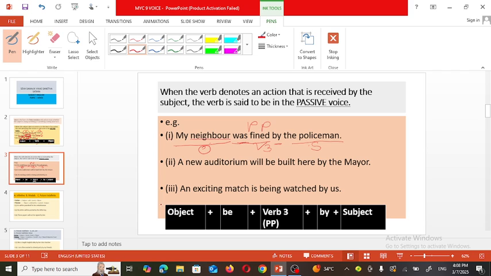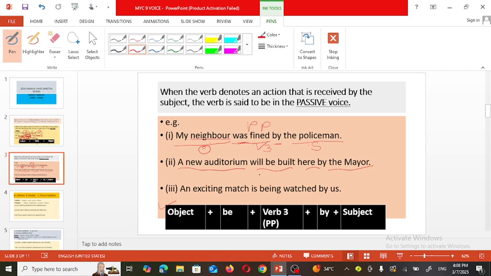This is the structure of the sentence when it is in passive voice. Object plus be form plus third form of the verb, that is past participle, plus by and then the subject of the sentence. Now see the next example. A new auditorium will be built here by the mayor.